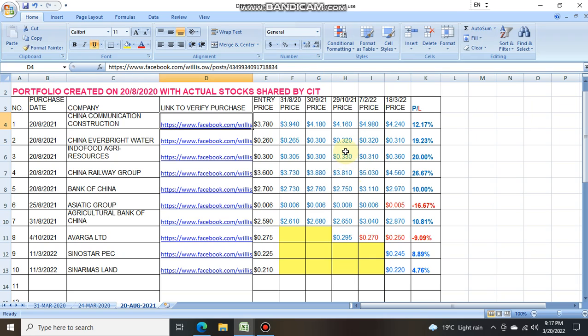To share with investors how to make money over time, we once again have this portfolio created on the 20th of August 2020, about 6 months ago. For members or investors who have followed CIT for the past 2 years, you will note that we have created at least 3 or 4 portfolios at different timelines.